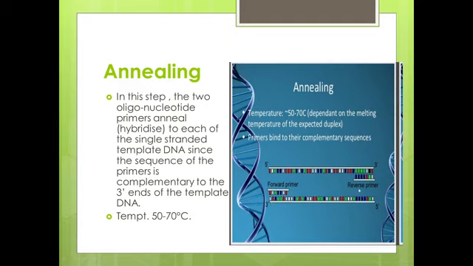The binding of primers to the separated DNA strands is called annealing. And again, an important point to note is that the optimum temperature for this process is 50 to 70 degrees centigrade, much lower than the temperature required for denaturation of DNA.